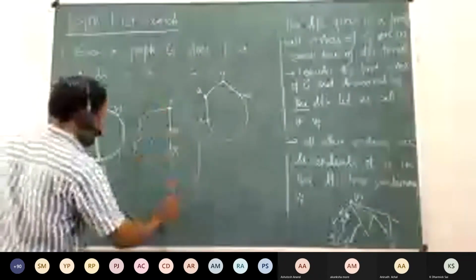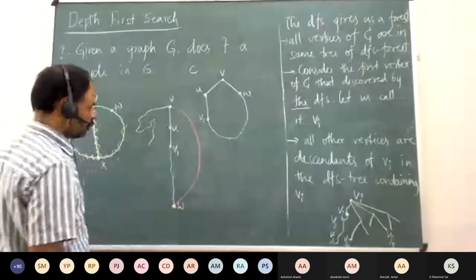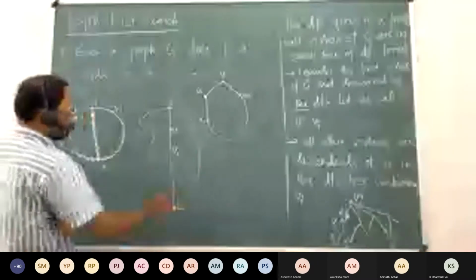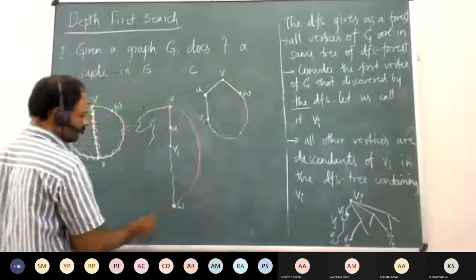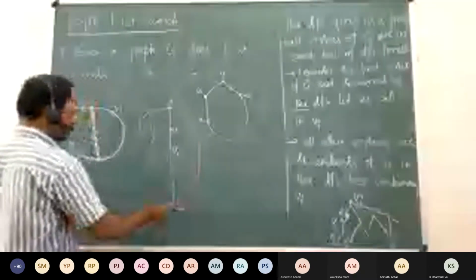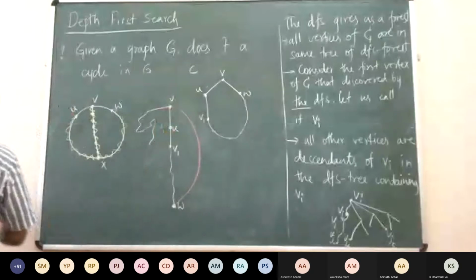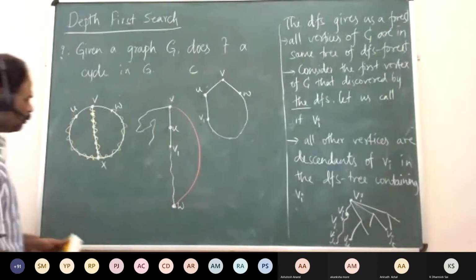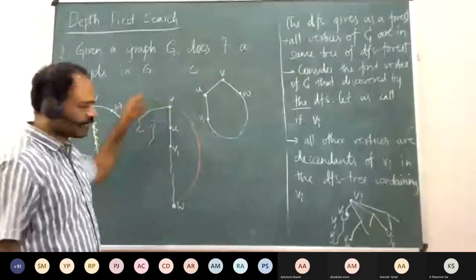So we get this path. This path will be there as a path in the tree also, right? The path in the cycle from U to W will be exactly there in the tree. Now there is this edge WV. We said that all the edges are tree edges, but we know that now W is a descendant of V, and this edge is not a tree edge.